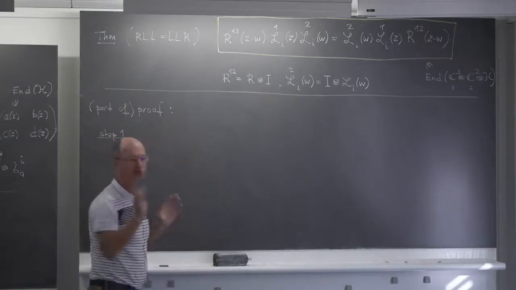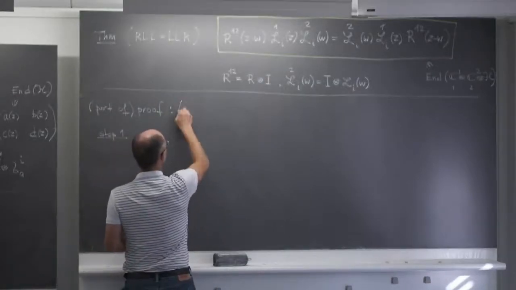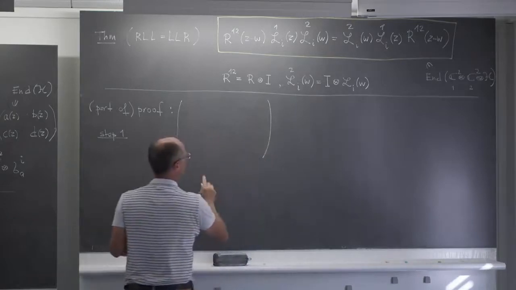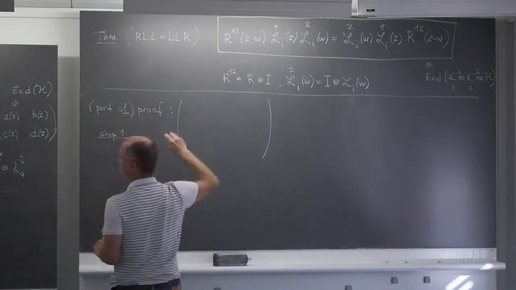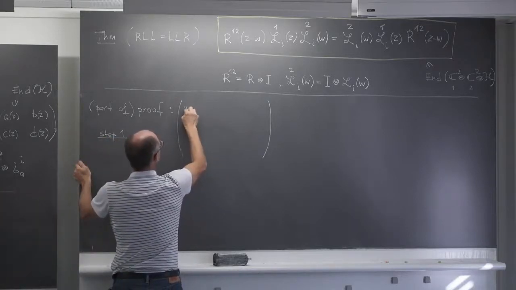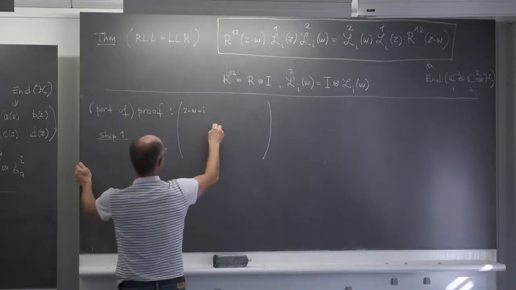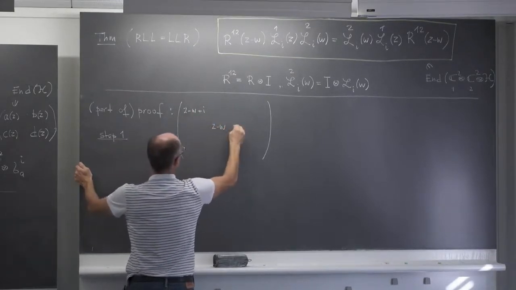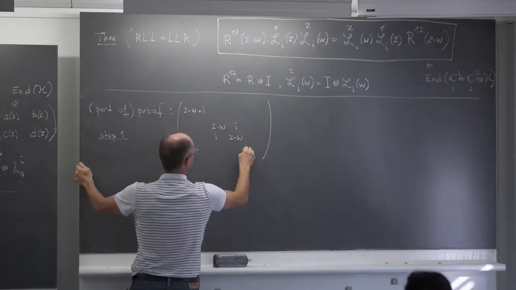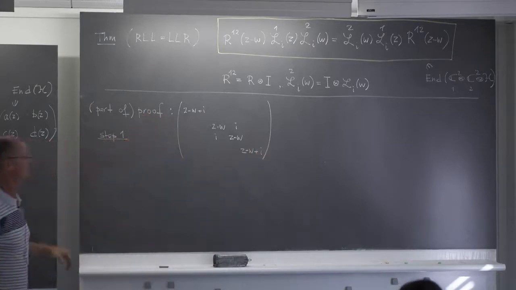So if I write too big letters, tell me, because that's dangerous. So right, okay. So this will be this R, right? I copy R. So this is Z minus W plus I. This is Z minus W, I, Z minus W, Z minus W plus I. And all the other things are 0.